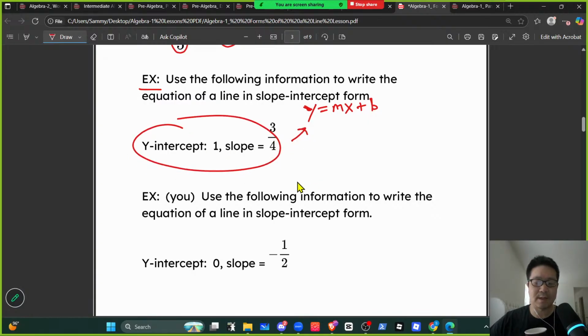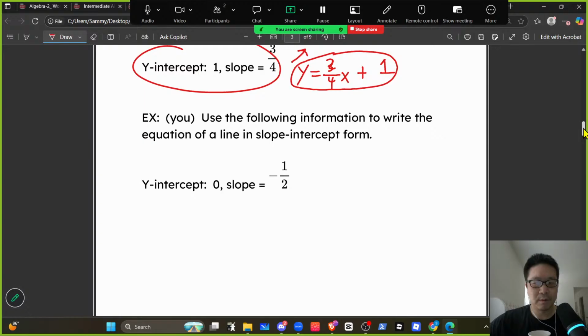As an equation, it would be y equals, the slope is what? 3/4, with an x. So 3/4x, and then the y-intercept is plus 1. So there it is: y equals 3/4x plus 1.